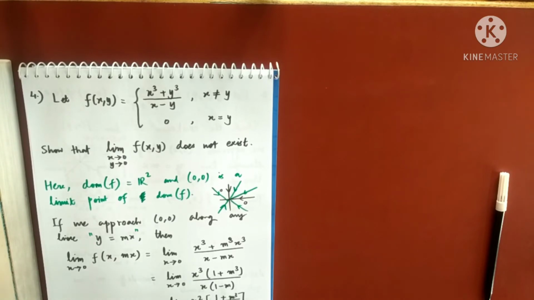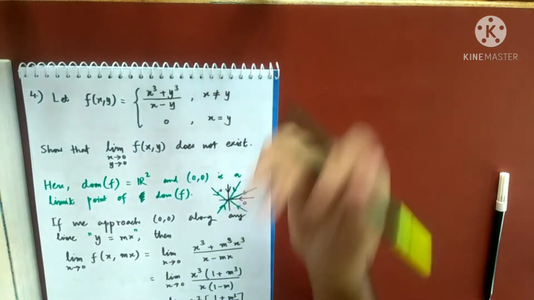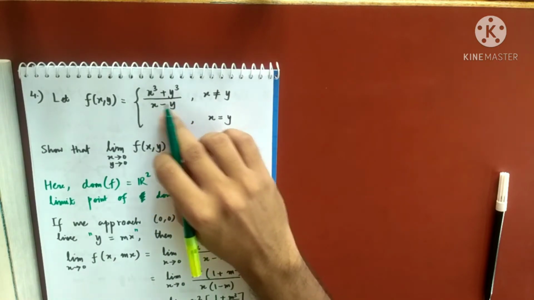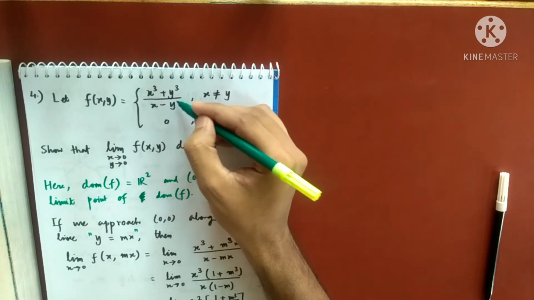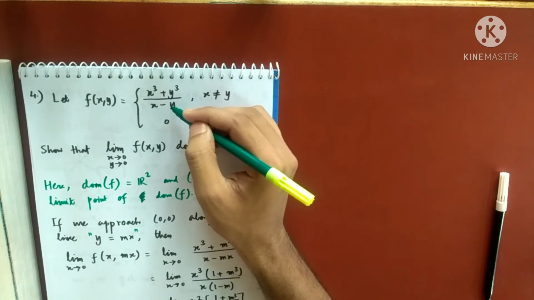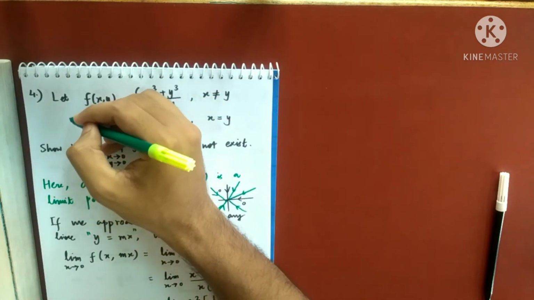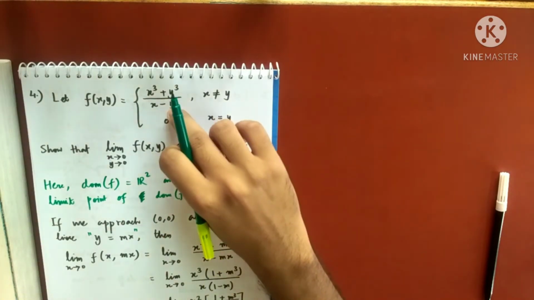Now try to understand my point. If I write x cube here, again the same problem will happen. When I am putting y equals to x cube, what am I getting in the denominator? x minus x cube.